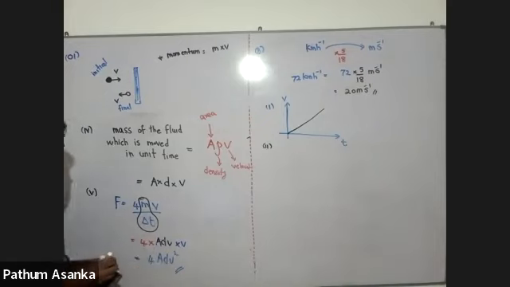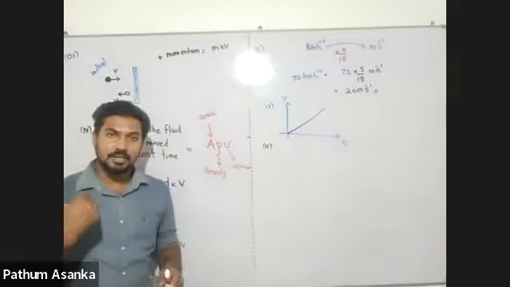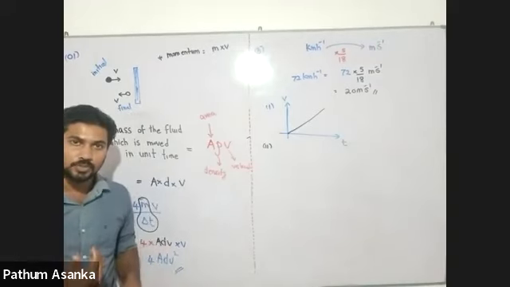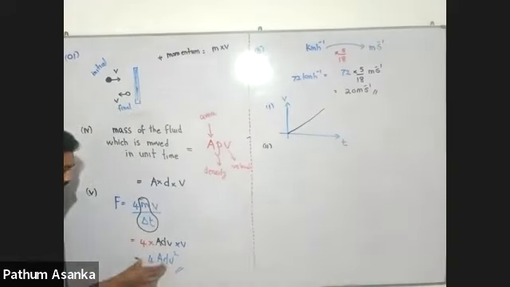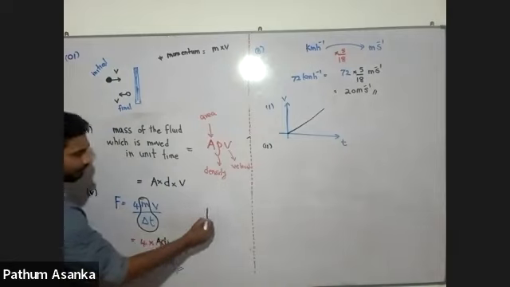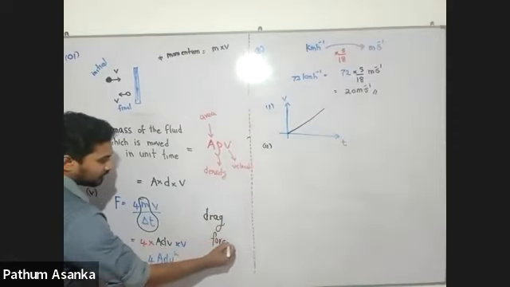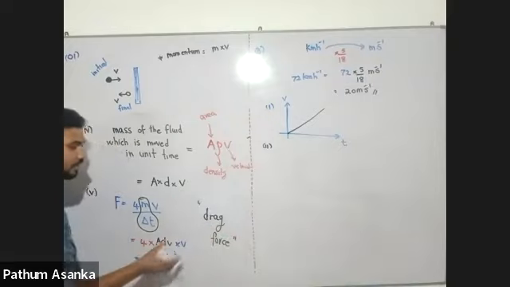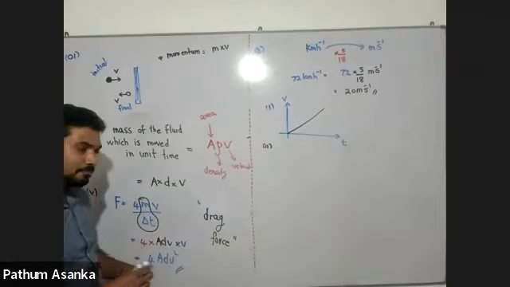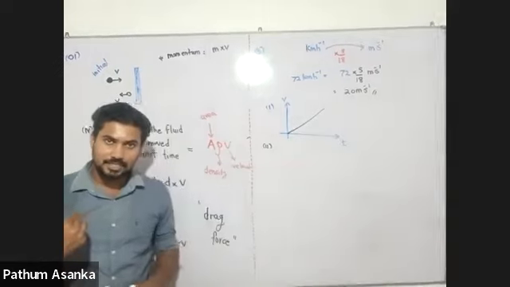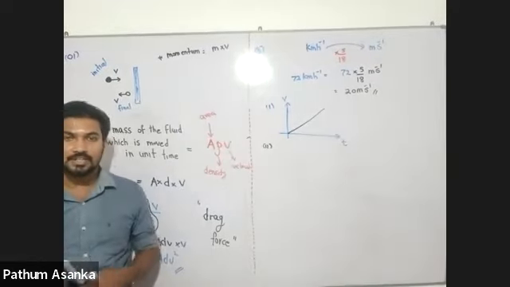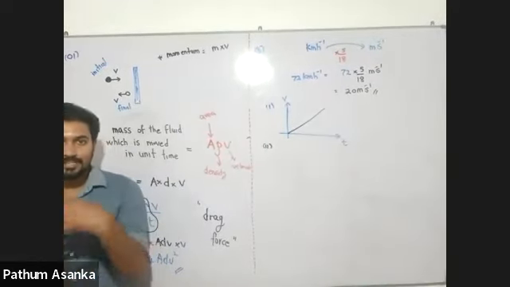This is the force which is exerted due to the collision of air molecules, right? So this force is considered as the drag force. In this question, drag force means the force exerted by the air molecules, or sometimes we call it the resistive force.